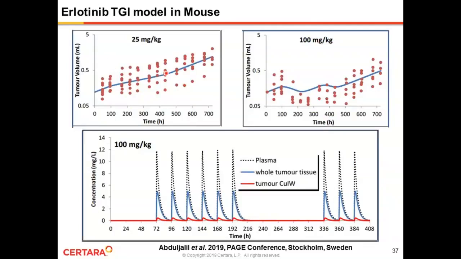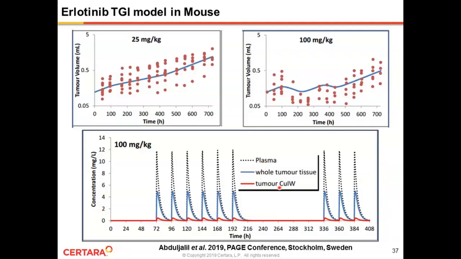Then the same model was extrapolated to the 100 milligrams per kilogram dose to see the effect of the drug on the inhibition of tumor growth. Here you can see from the model itself, you can predict the plasma concentrations of erlotinib, the concentration of erlotinib in the whole tumor tissue, and the concentration of erlotinib in the tumor intracellular water.